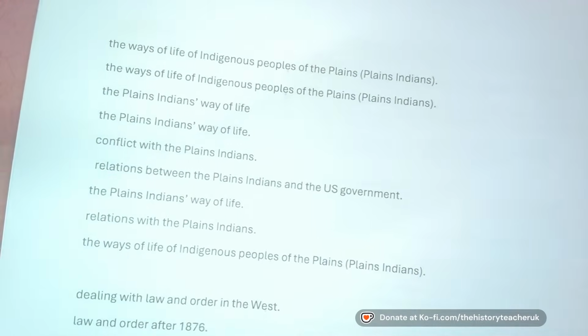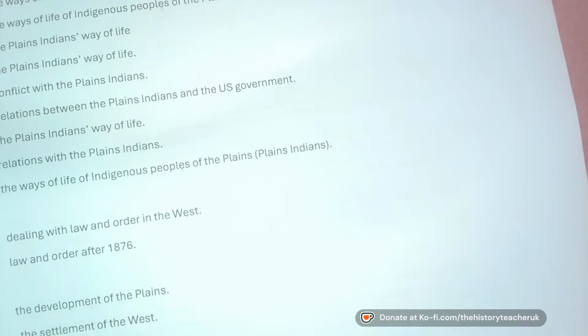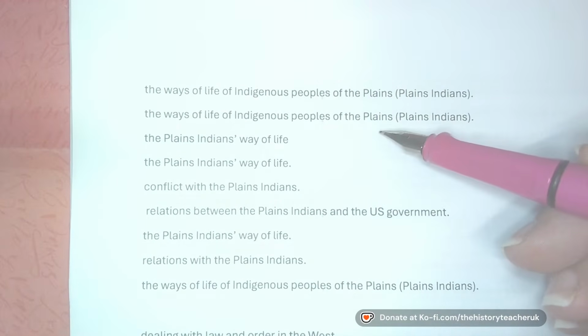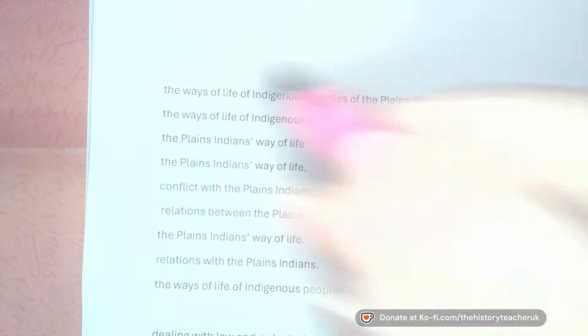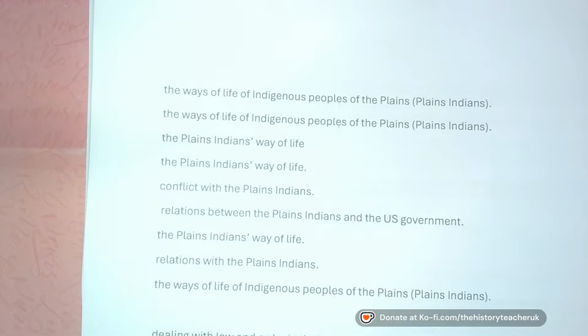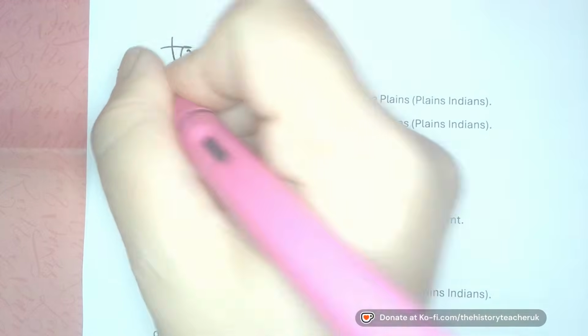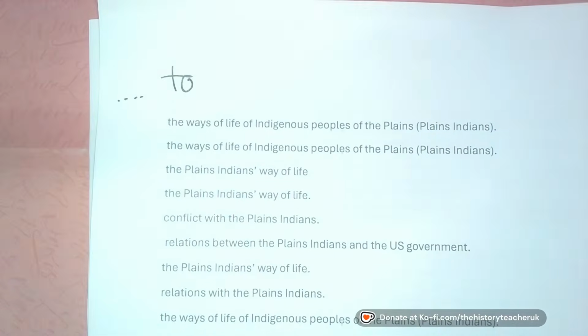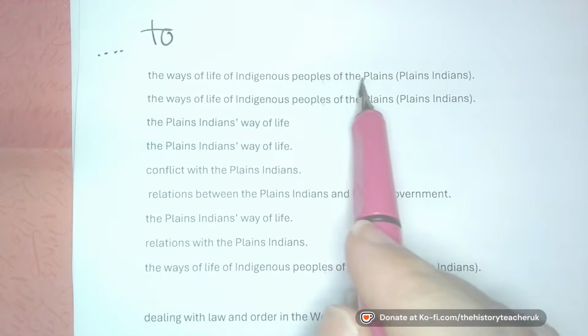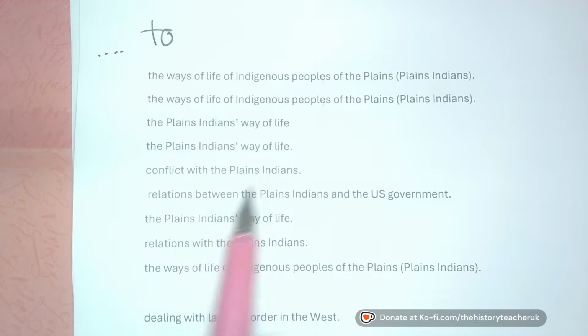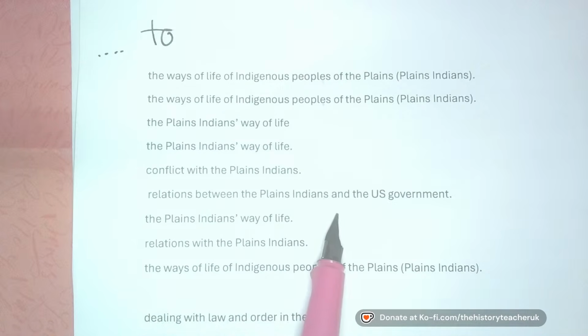There have been 4 main groups. So you have the indigenous, so these are all the "explain the importance of something" questions. So these are all the 2 after the 2. Okay, so the ways of indigenous people's lives, the Plains Indians' way of life, conflict with the Plains Indians, relations with the Plains Indians' way of life.